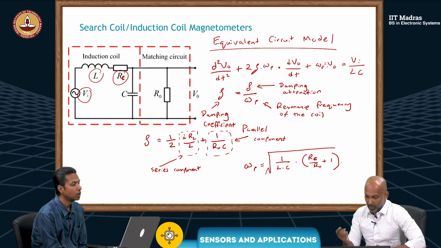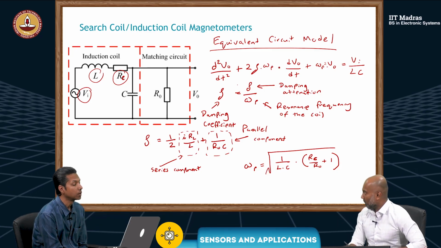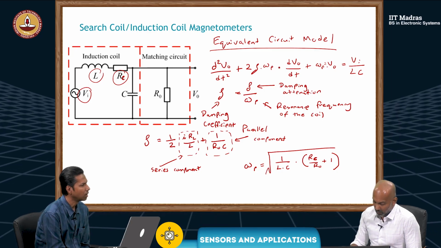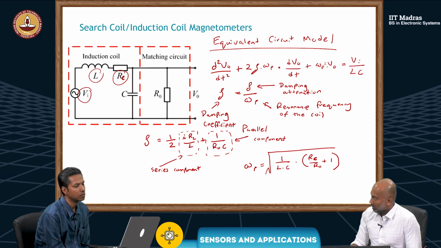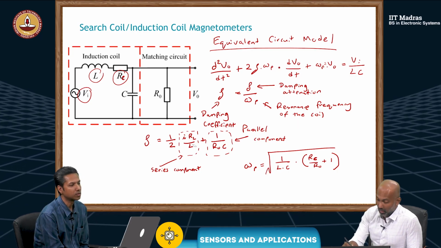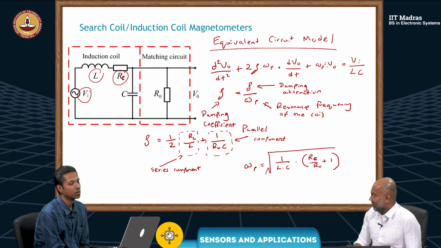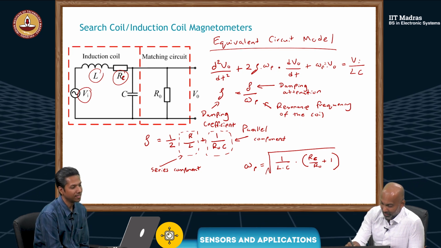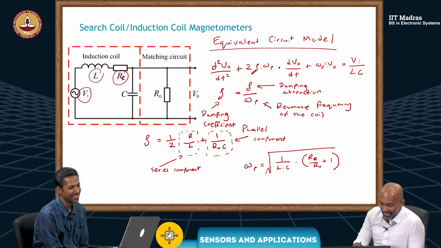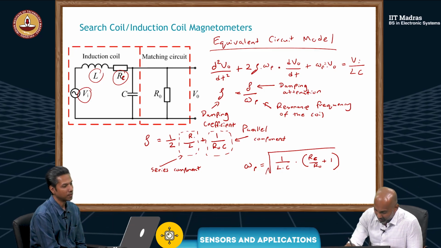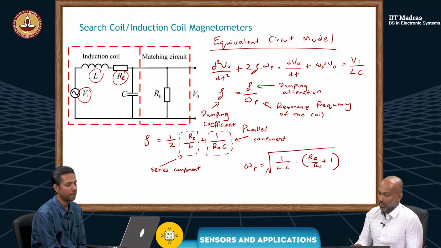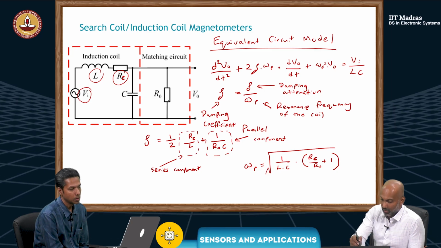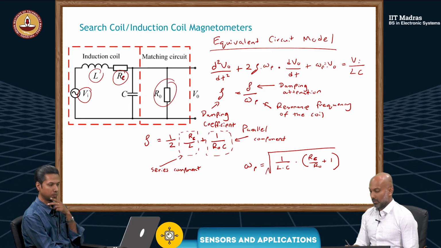Then we have zeta here, in the sigma, half of RC. We have to stick to one notation; RC is the resistance of the coil. Then L plus R0, which is this one here.